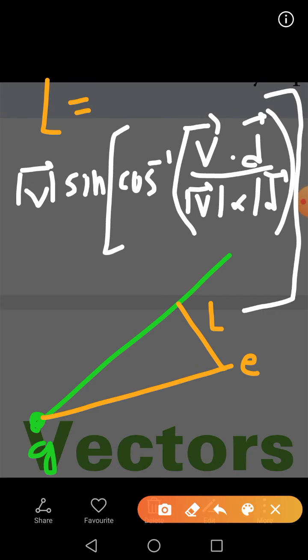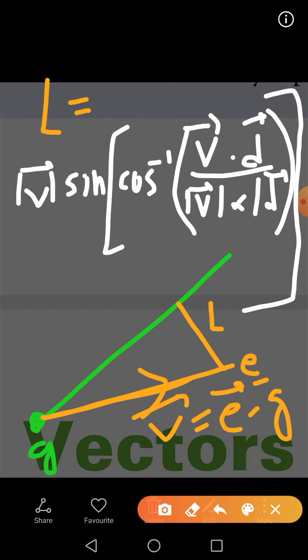And here the vector from G to E is the V. So V would be equal to the external point position vector minus the given point position vector.